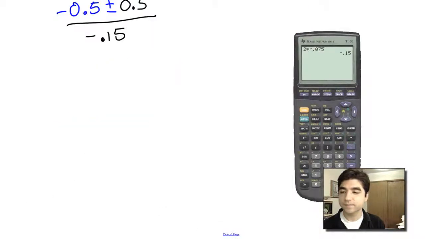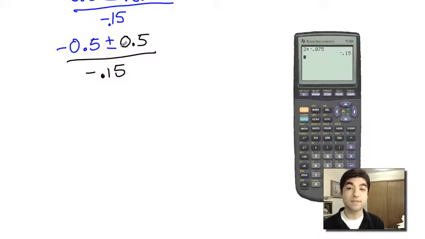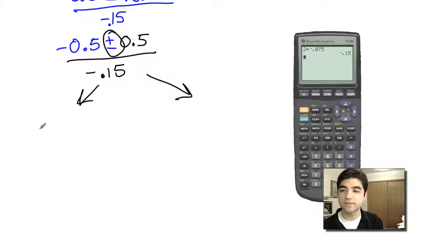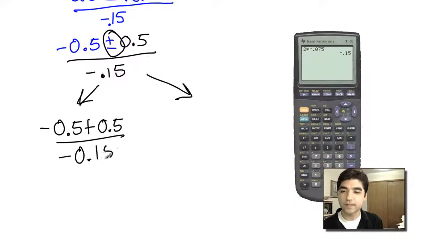Okay, now we have a plus or minus here. So we need to split this up into 2 equations. We do negative 0.5 plus 0.5 divided by negative 0.15.